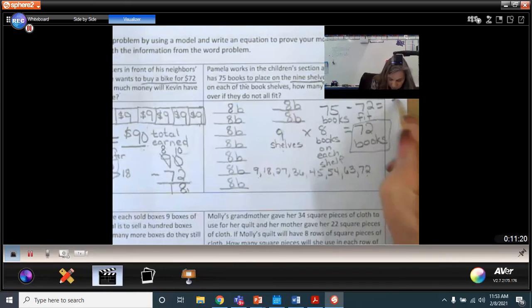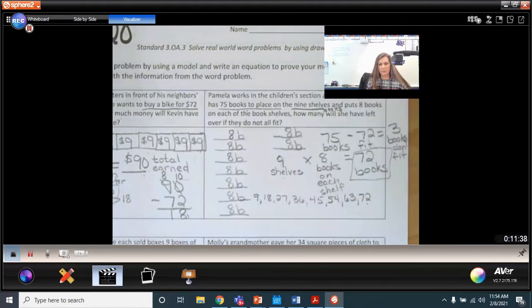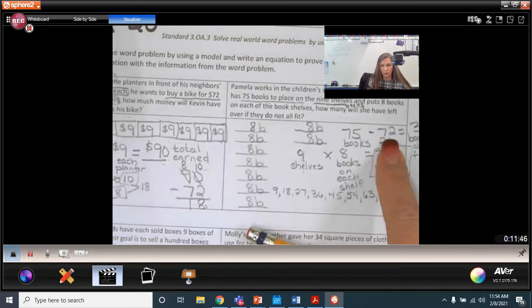Well, she's going to have 3 books left over that won't fit onto the shelves. And that should be an S here at the end, books that do not fit. So 3 books that do not fit on the shelf because she's able to put 8 books on each shelf. That makes 72 total books.